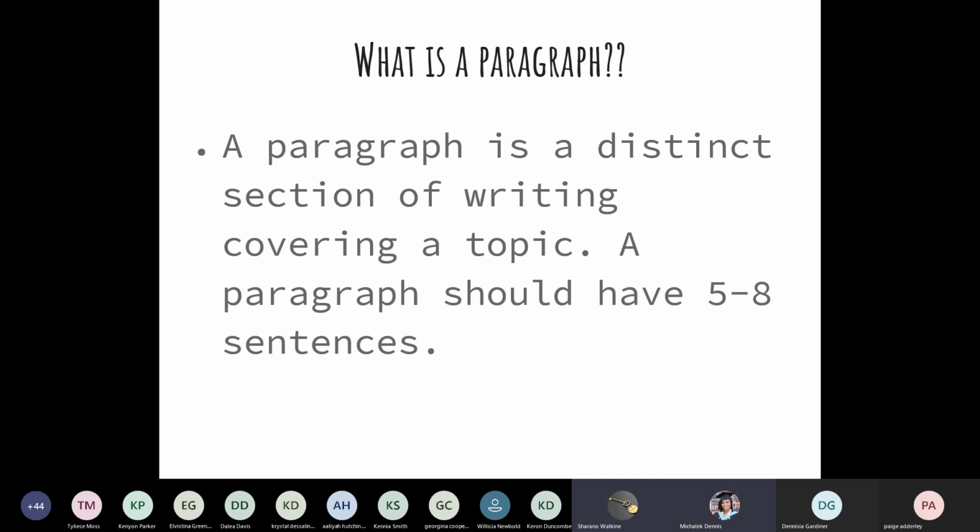We're going to delve deeper into that as this lesson goes on. So when I say a paragraph is a distinct section, I mean it's a separate area, an individual portion of a piece of writing that is covering a particular topic.